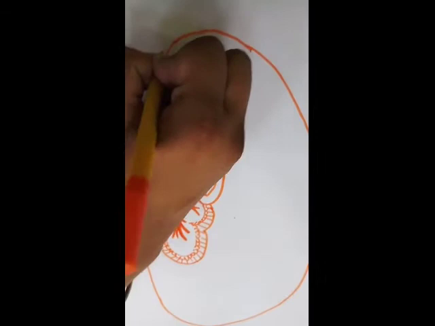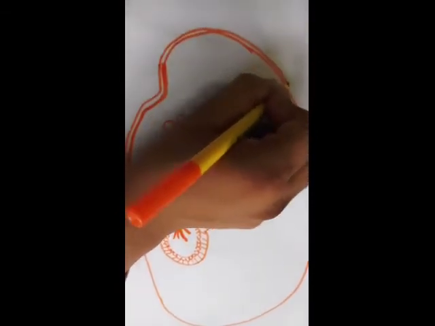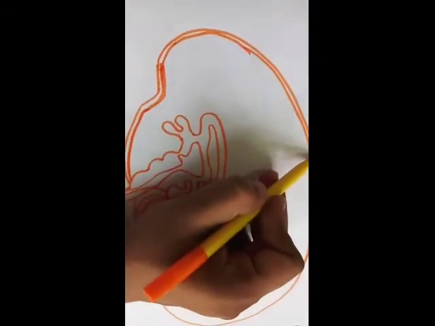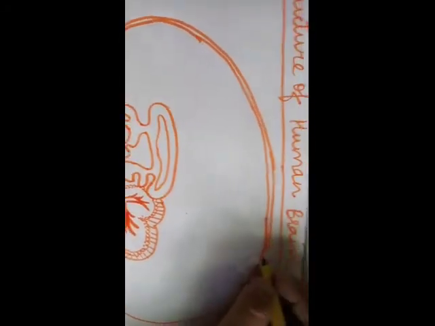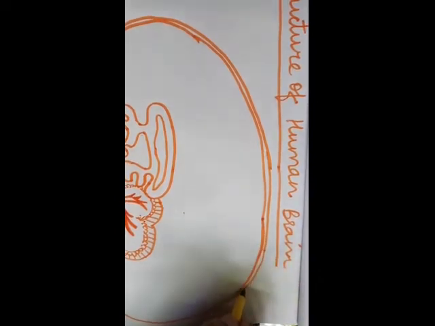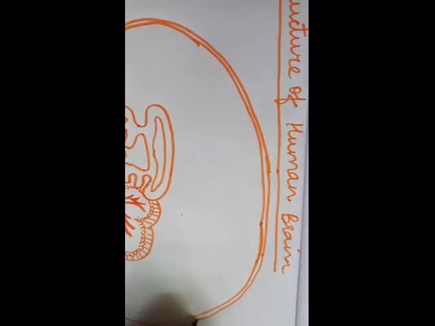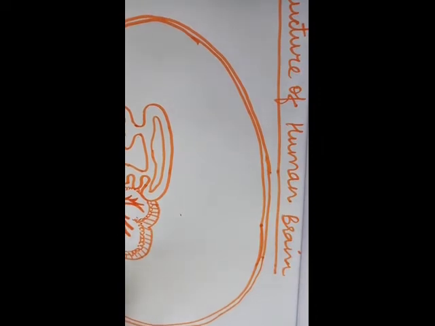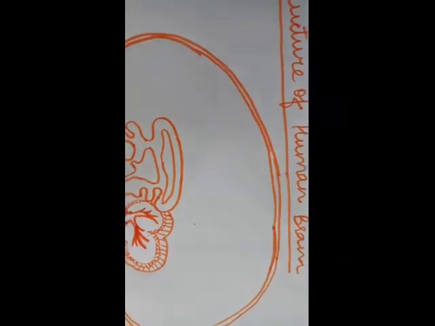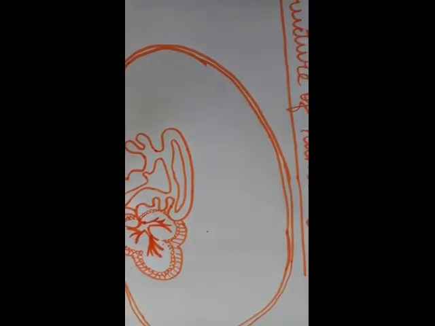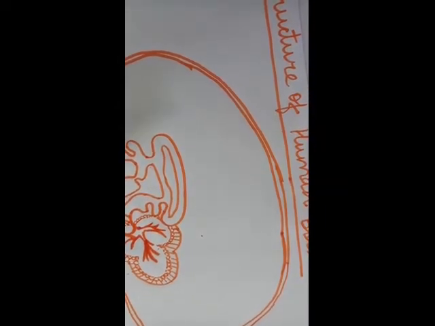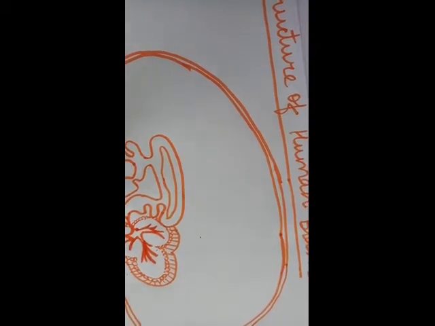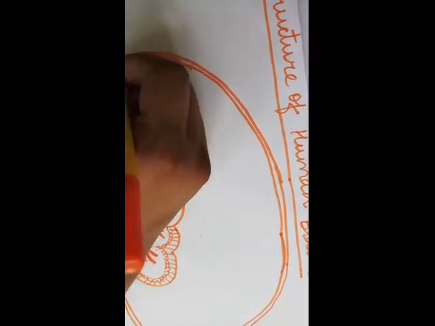Meninges, please observe it very carefully. Like this. Then you're going to make the cranium, the skull, by making one more layer.